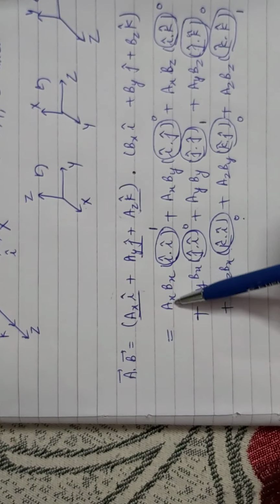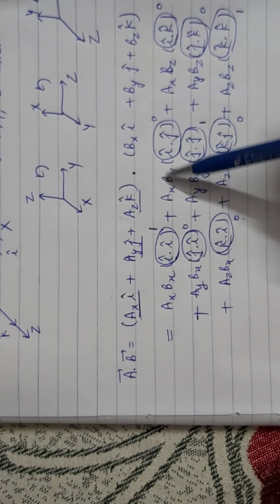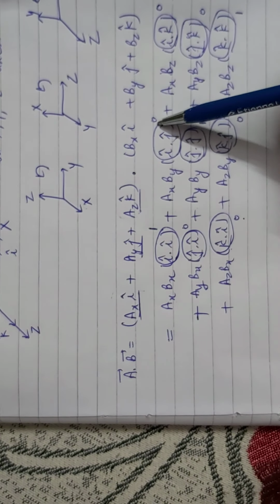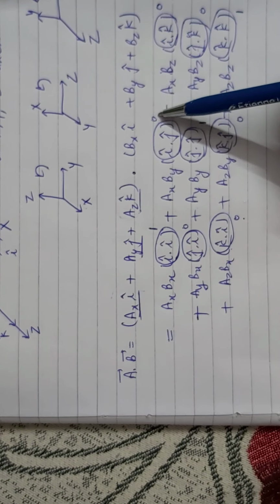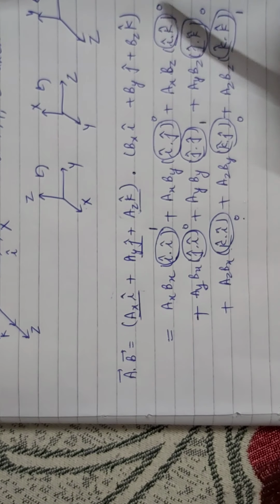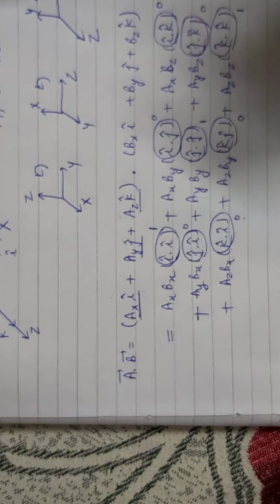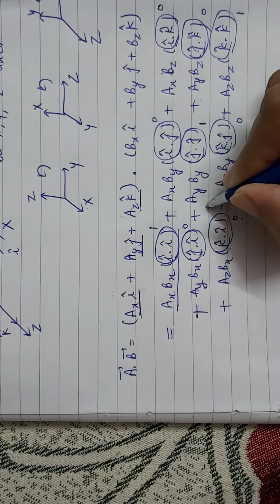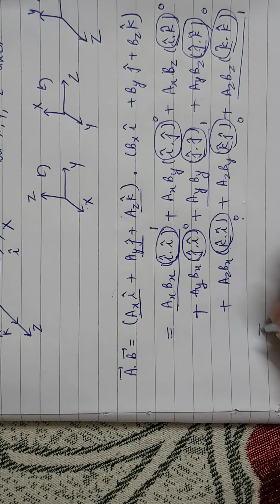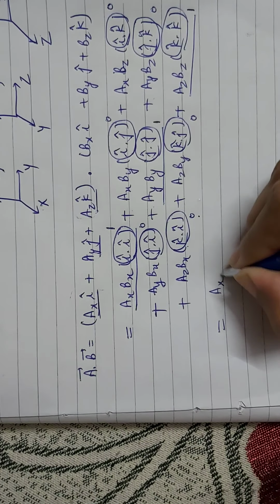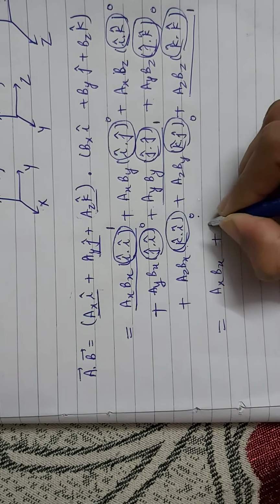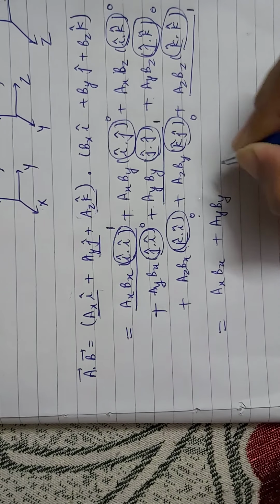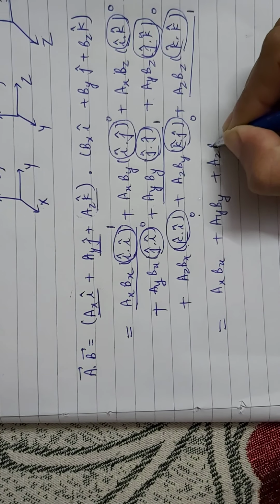So all these terms get multiplied with each other, and the terms containing 0 make the complete term 0, because 0 multiplied by any term becomes 0. So we are left with only three non-zero terms, and the answer is ax bx plus ay by plus az bz.